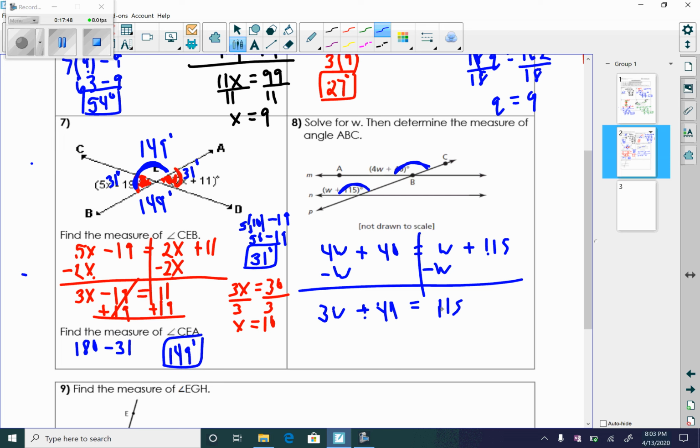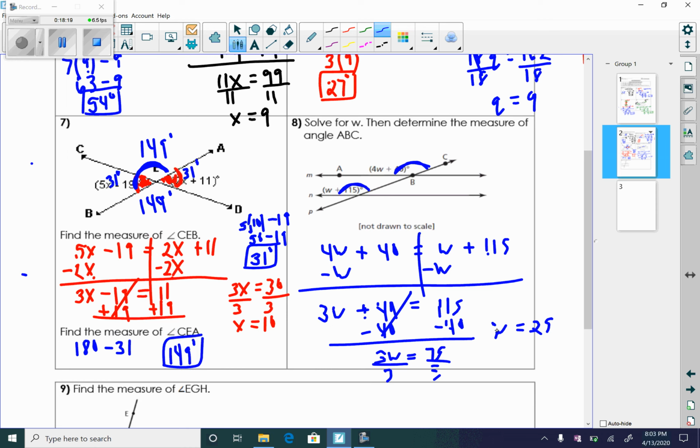Okay, and now I'm going to subtract 40 from both sides. Sorry about the pen. So 3W equals 75. Divide by 3. And I'm going to get W equals 25.